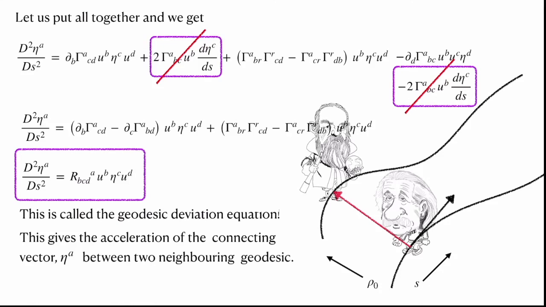These two geodesics may be taken by two observers who are carefully monitoring the distance between them, and they would see that the acceleration is directly proportional to the Riemann tensor. If they are in flat spacetime, then the Riemann tensor is 0, which means they will not be accelerated with respect to each other.